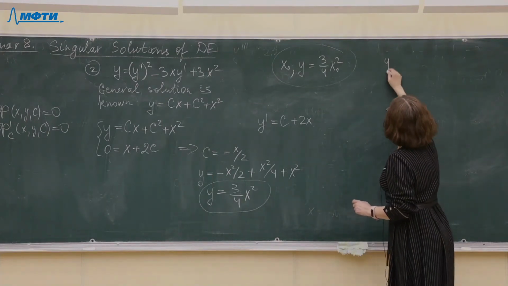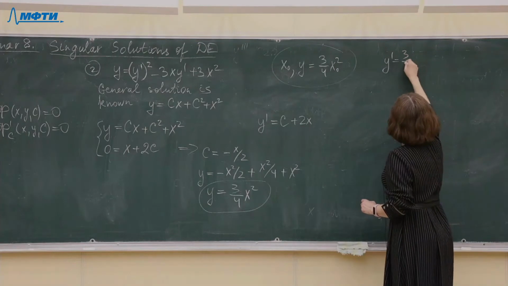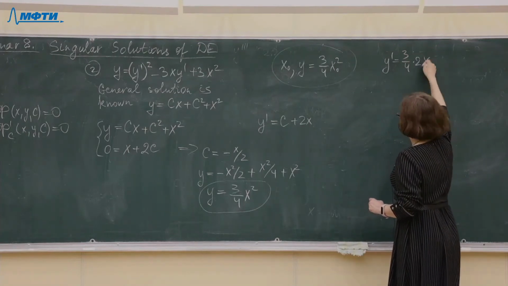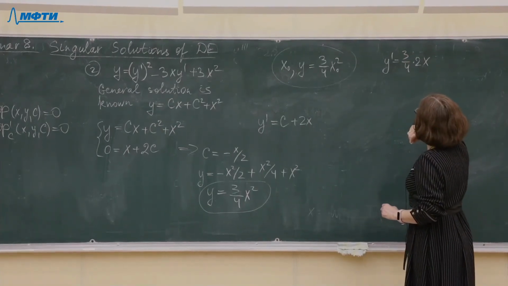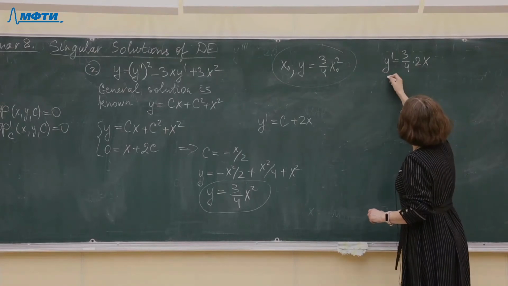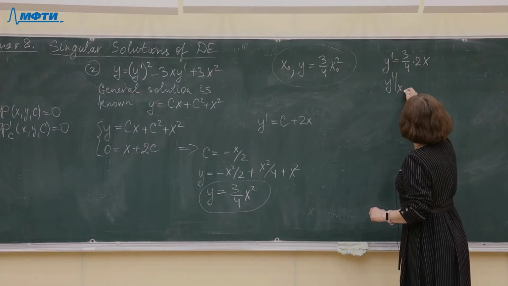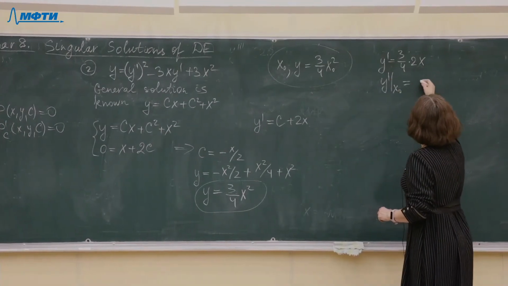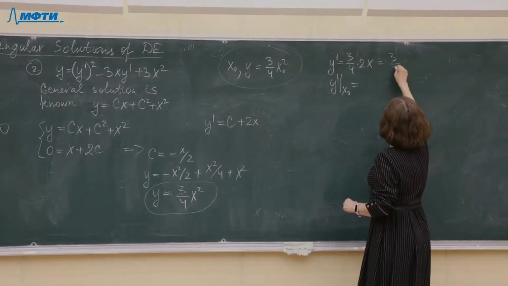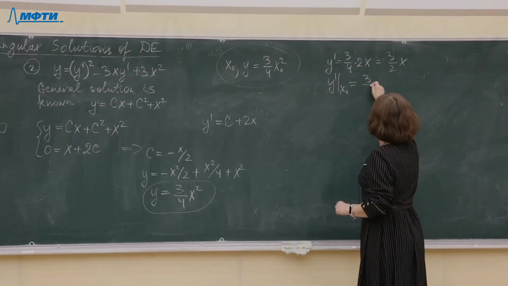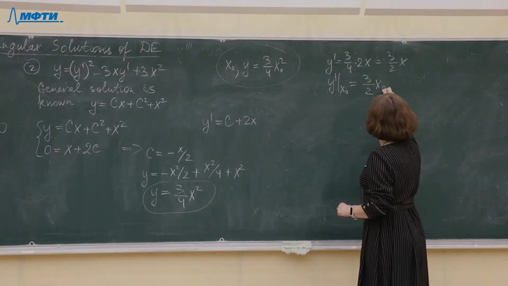So y prime will be 3/4 times 2x, and at the point x0 it is equal to, simplifying, 3/2 x0.